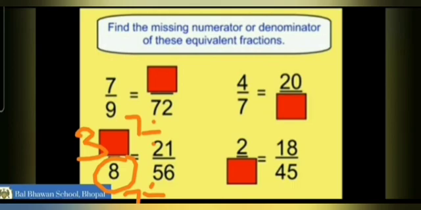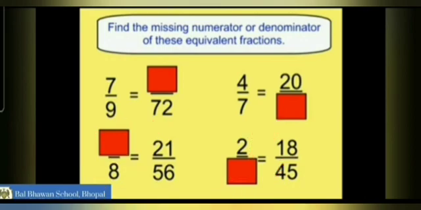In the last part, 2 multiplied by 9 will give me 18. Similarly, what should be multiplied by 9 to get 45? So I can say that 5 when multiplied by 9 will give me 45.